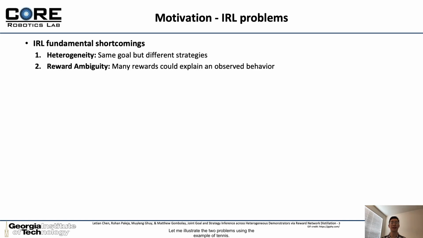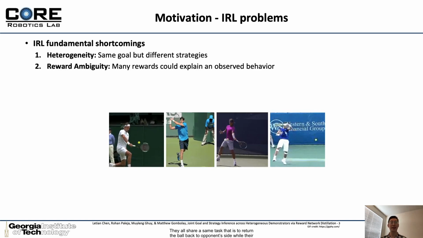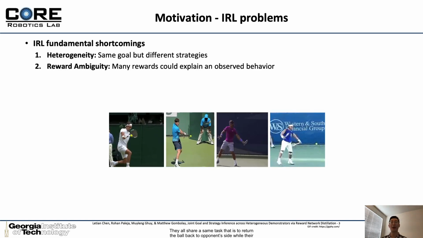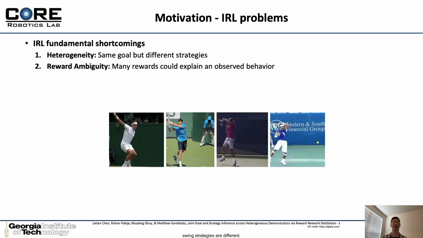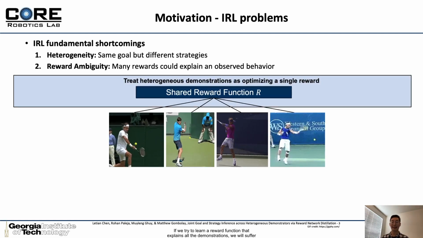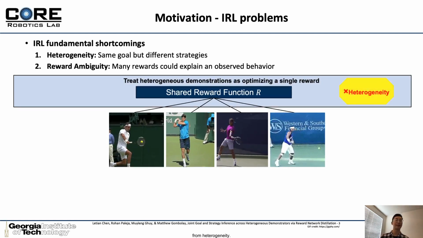Let me illustrate the two problems using the example of tennis. Here are 4 examples of tennis strikes. They all share the same task, that is to return the ball back to the opponent's side, while their swinging strategies are different. If we try to learn a reward function that explains all the demonstrations, we'll suffer from heterogeneity.